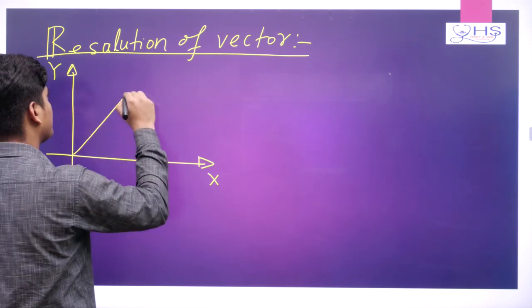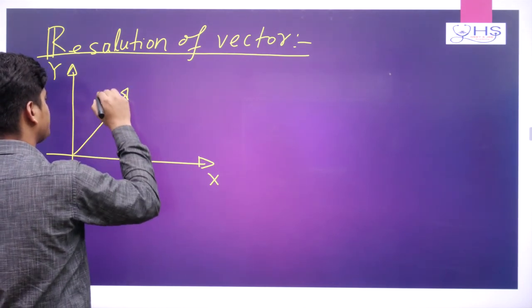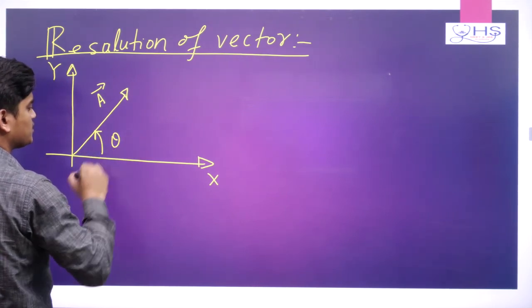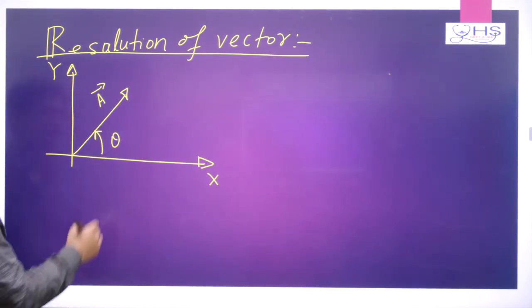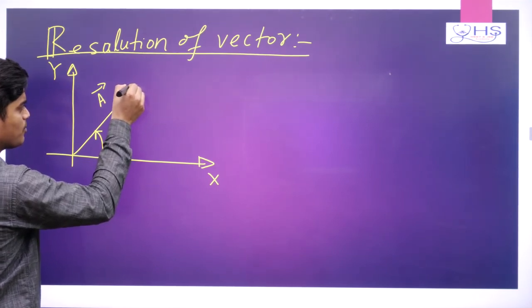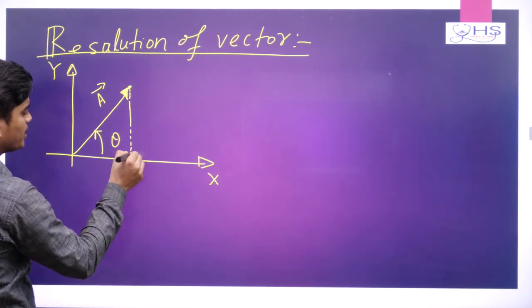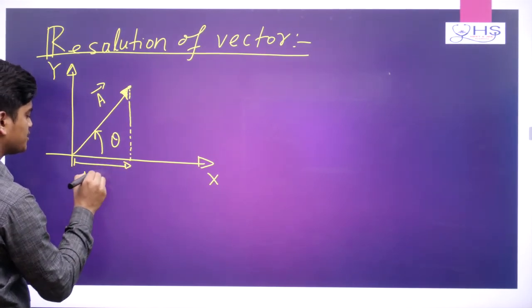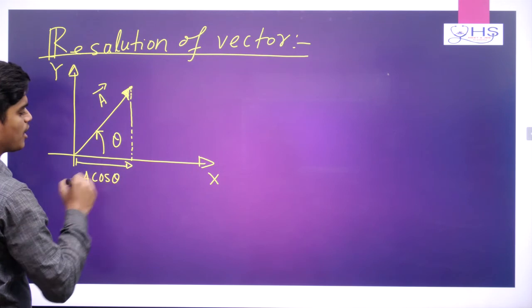Now here I am taking a vector, your a vector. This a vector makes an angle theta with the x axis. Now this is the head of the a vector. From here I will take a perpendicular, and this length is nothing but a cos theta.